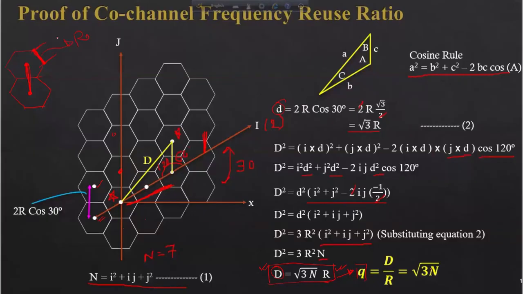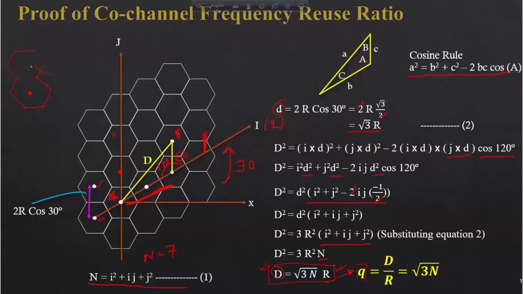Even this value, or this value, is the same. It is also known as cell radius R. This should be equal for a hexagonal shape.